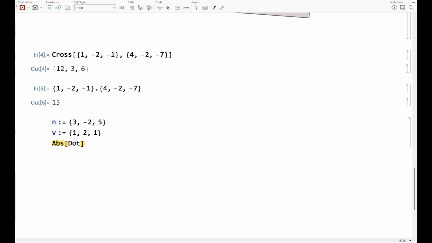Absolute value of the dot product, V with N, divided by, I think it's Norm. I'm just going to double check that real quick. Yep, it is Norm. Thought so. Divided by Norm of N. Let's see what that gives us.